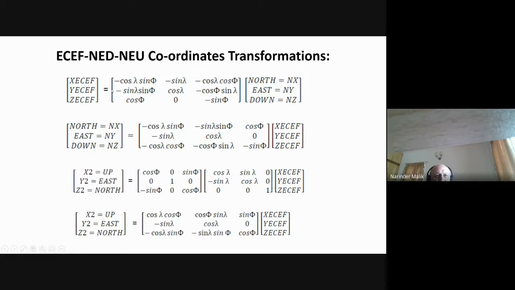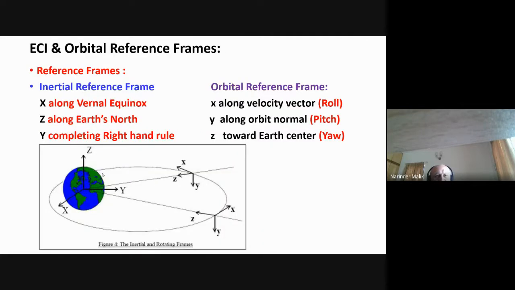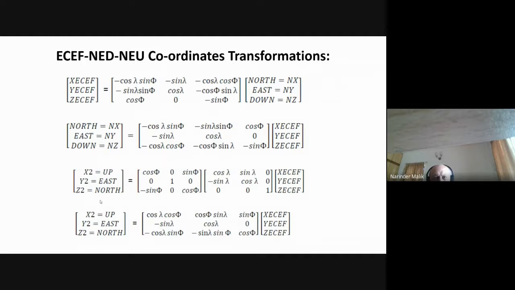If this is known, I can find here, and if this is known, I can find this one. So this is how the transformation takes place. A simple transformation, rotation by two angles, one at a time. So you can convert that magnetic field information to ECF, ECF to ECI, and in ECI, if you know the spacecraft attitude, you can use it appropriately. So this is how you carry out the transformations.